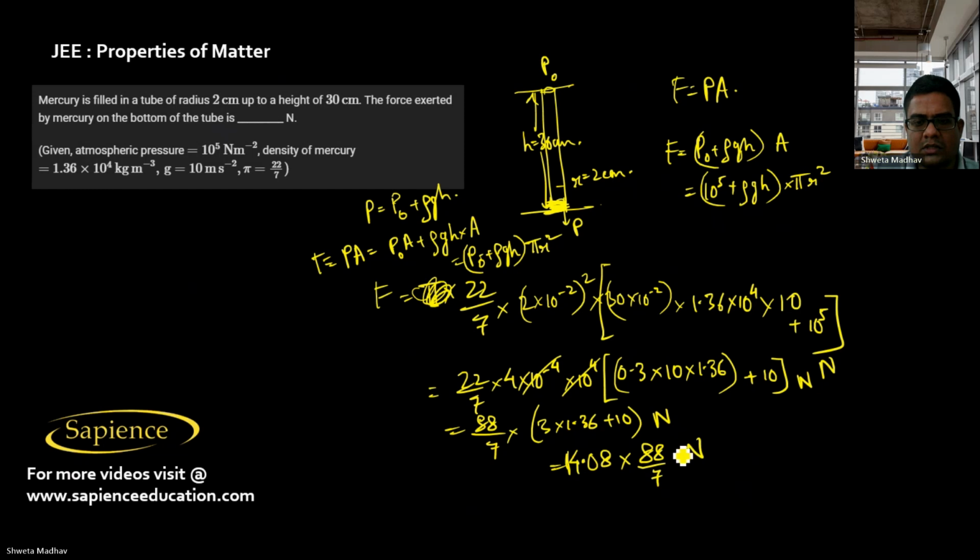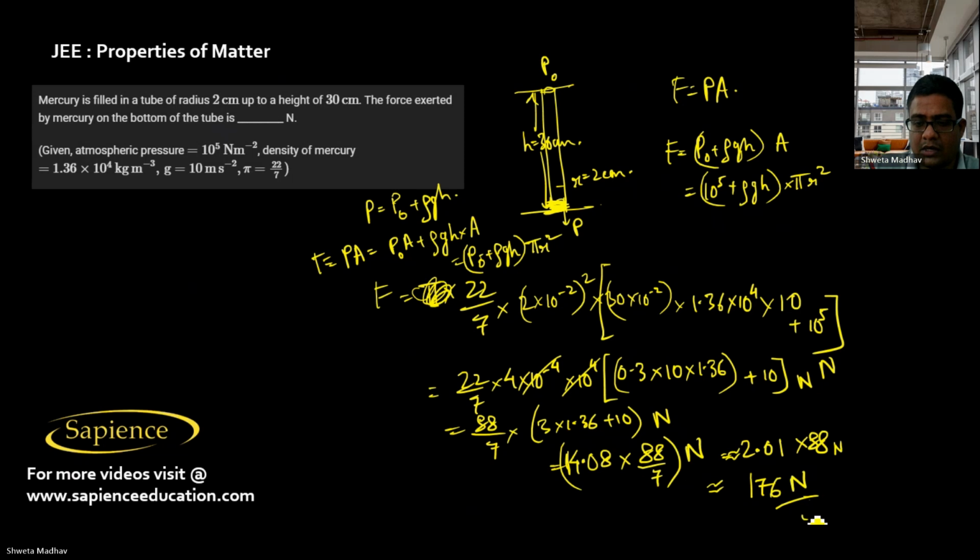This much. Then approximately 7 twos are 14, 88, then approximately 2 8 is 16, 76.